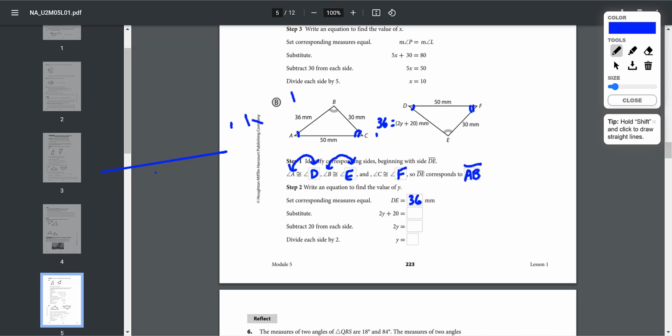But they also tell us in this problem segment DE is equal to 2y plus 20. So what we can do is substitute 2y plus 20 in for segment DE, and then just solve for y. Subtract 20 from both sides and divide both sides by 2 to get your answer of 8.